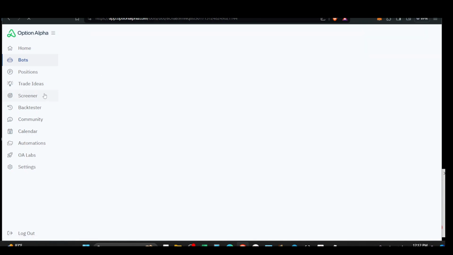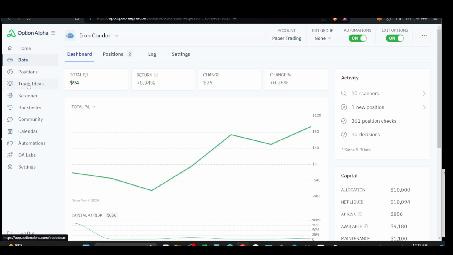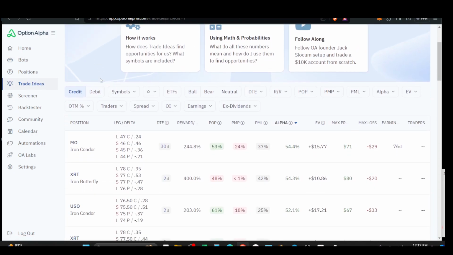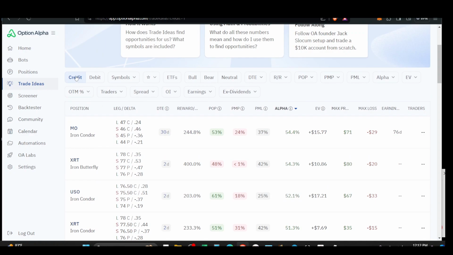So now what I like about this Option Alpha is trade ideas. So here, for example, I want all credit because I don't trade debits, just credits. And then here days to expiration.